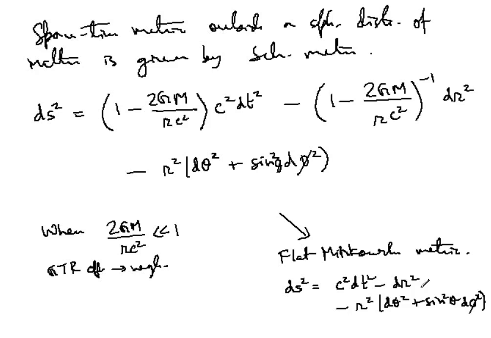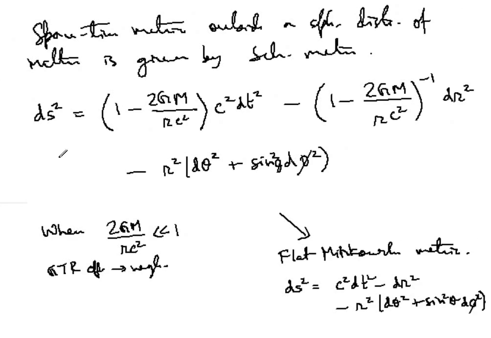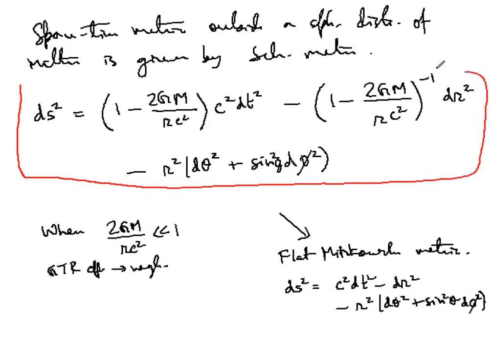Okay. Now, let's start with the curvature of the space, which resides in the radial term. Right. Now you see, this is our Schwarzschild metric. Let me highlight or underline this. So this is our Schwarzschild metric. Okay.